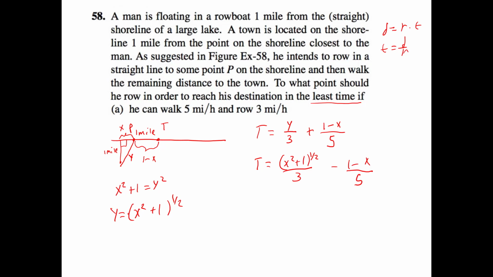And again, x is how far off the original one he hit. So you can see then that x could be 0, you could go straight down, or x could be as big as 1. Now, again, your time is not going to be 0 at 0 or at 1, and so then you're going to have to plug those points in as well as the critical point.